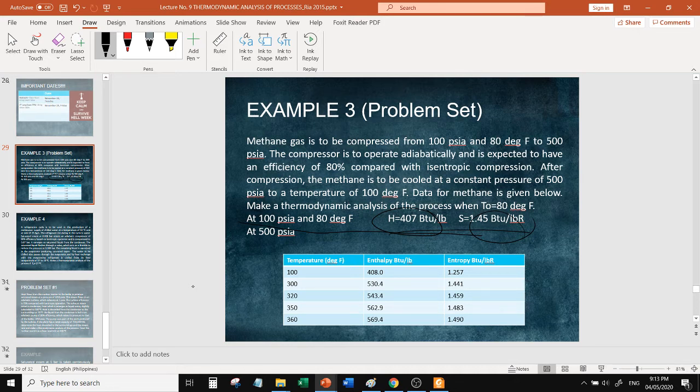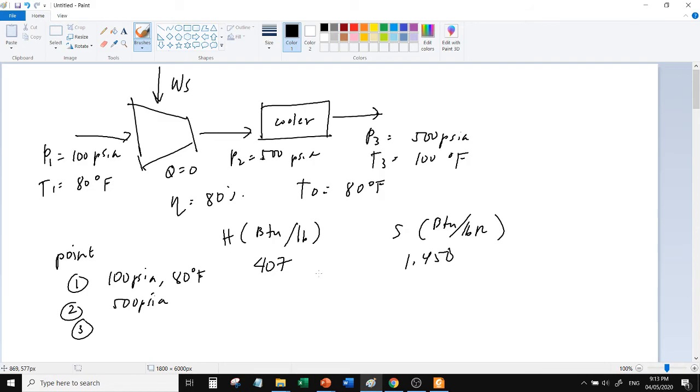We don't know what the temperature is at this intermediate point P2. But let's assume delta S is 0 so that your S2 prime is 1.450.